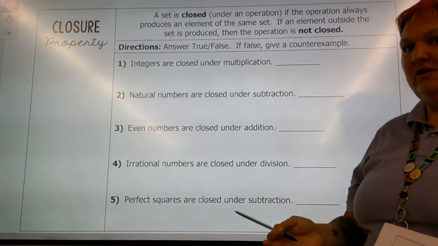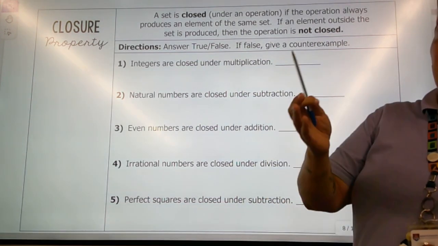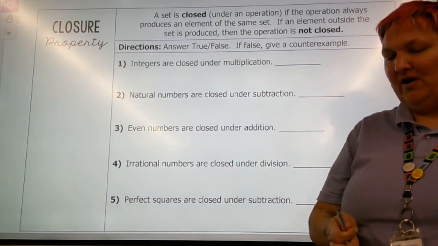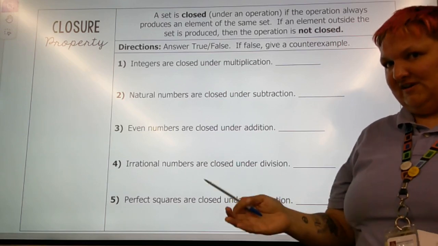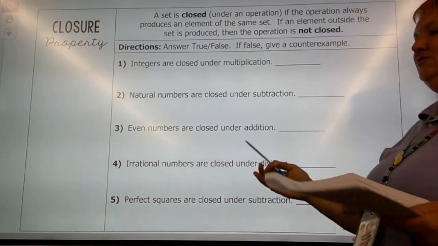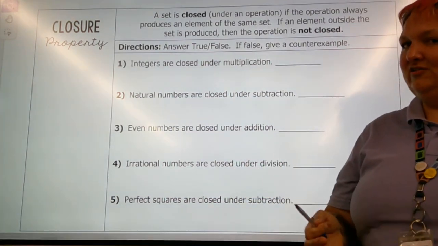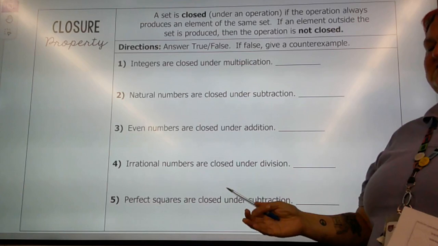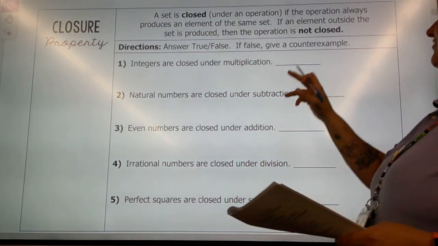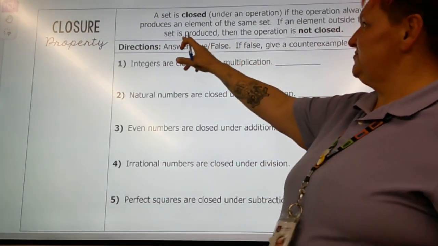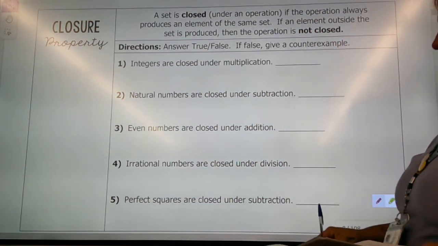So if you add 2 numbers and can only get another positive number, that's closed. If you have two negatives and you can only get another negative, that's closed. So if an element outside the set is produced, then the operation is not closed.